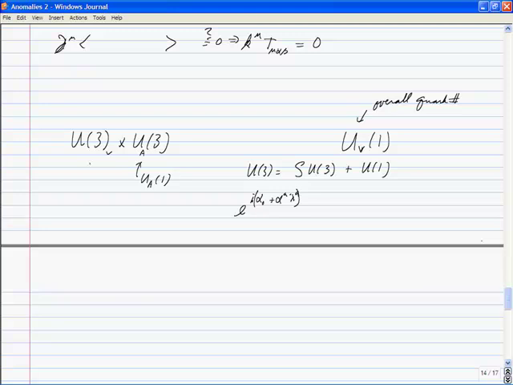If I took e to the i beta gamma 5 on the proton state, I should get another state that has the opposite parity because of the gamma 5. It doesn't exist, so you say it has to be spontaneously broken, and therefore you have to find a Goldstone boson associated with it.